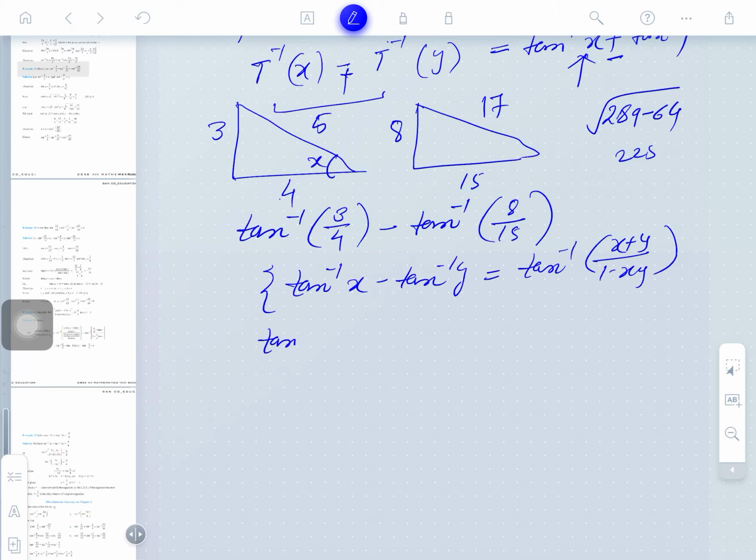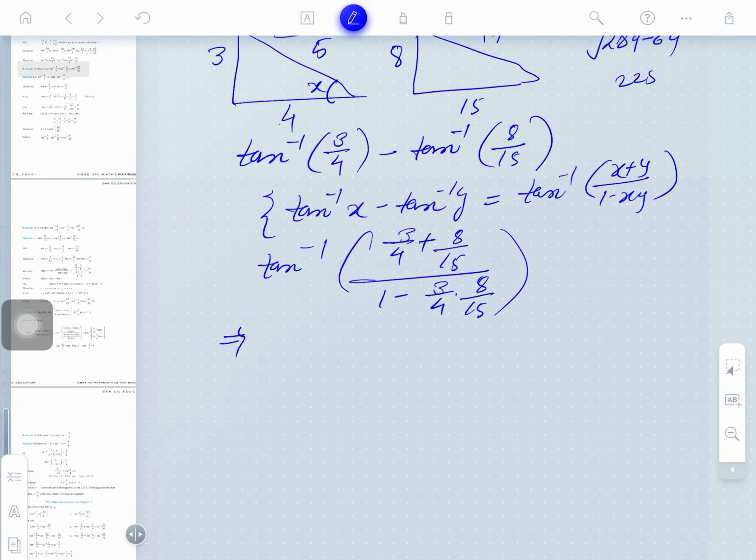So here it is to be written as tan inverse of 3 by 4 minus 8 by 15, divided by 1 plus 3 by 4 into 8 by 15. Clear? And further tan inverse, what is there?